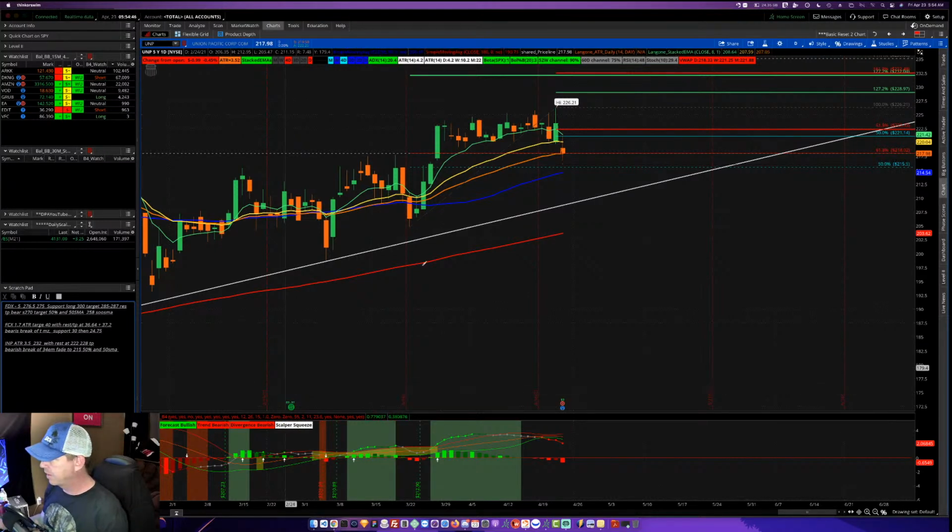A break of that, we would need to look for a fade to 210. 210 is trendline support, and the bottom is going to be 203, which is the 200 SMA. All right, that was UNP.